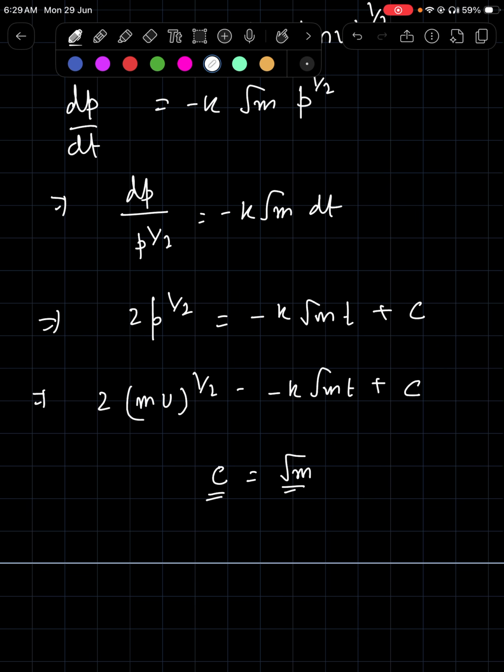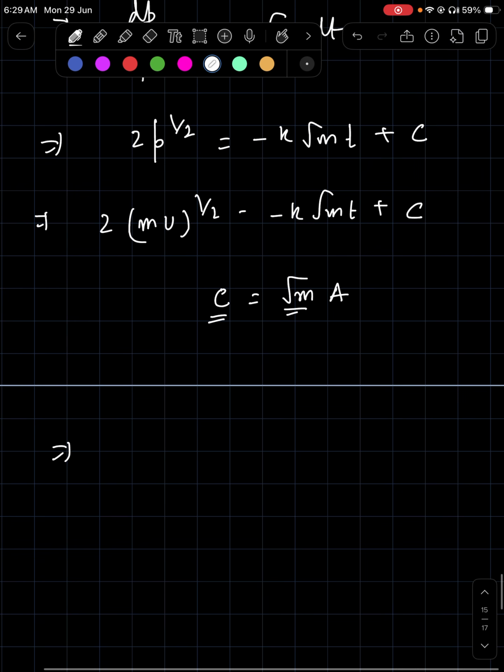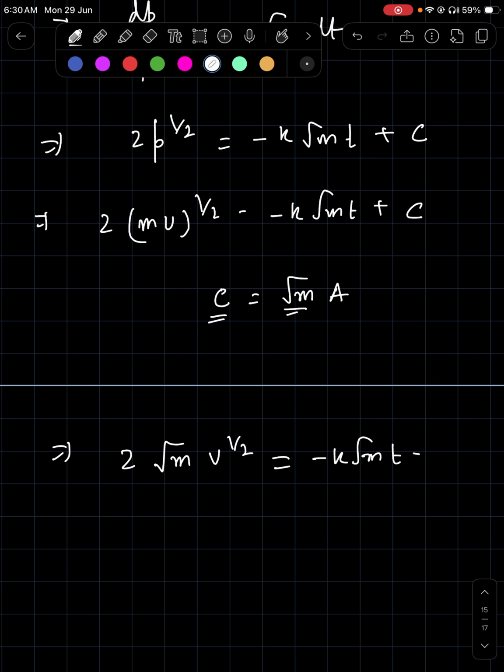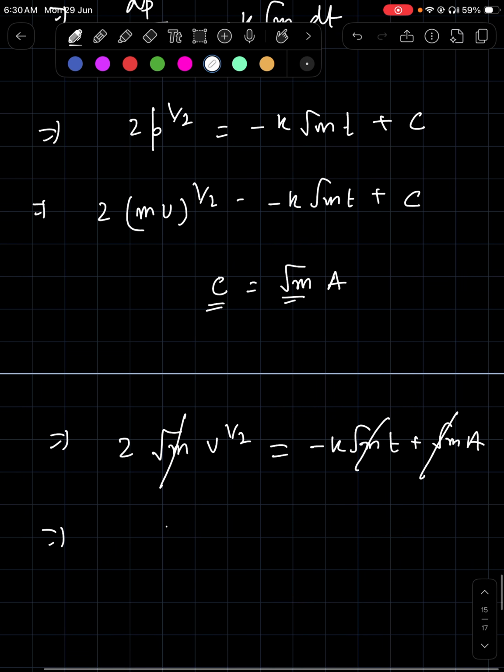I am writing this because the root m factor will be gone from both sides. So root m will be gone. So it becomes v to the power half is minus k by 2 t plus a by 2, and a by 2 I am writing as b.